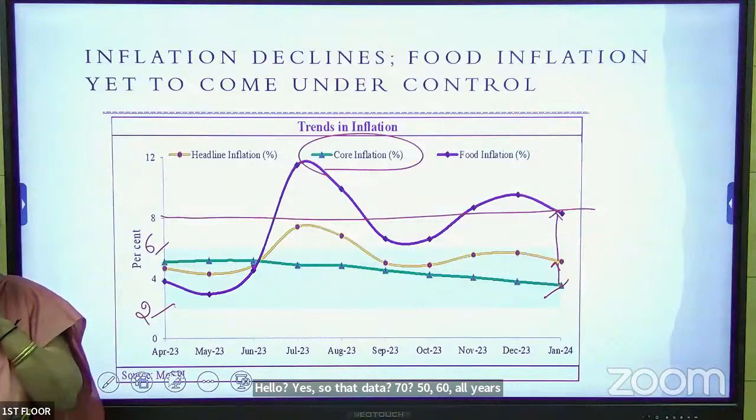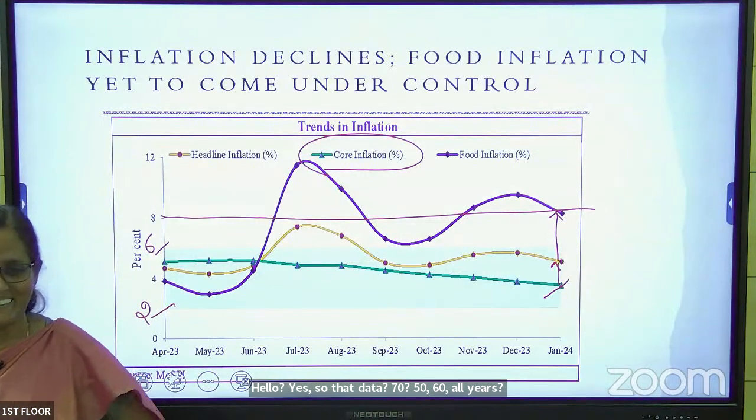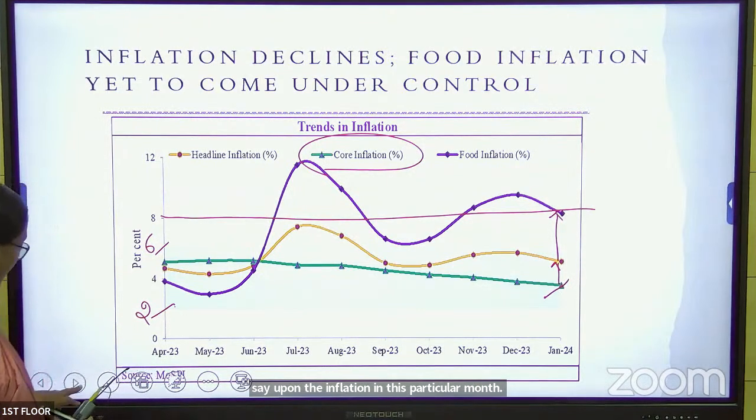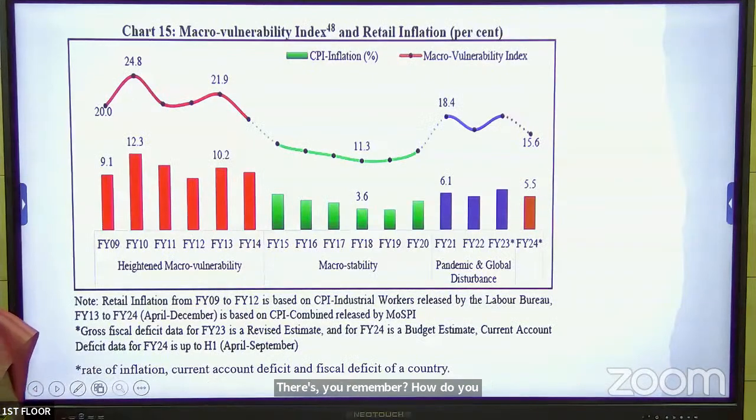CPI, WPI, 2011, 2015. The comparison with that particular month of the previous year will also have a say upon the inflation in this particular month. Base effect, you remember? Have we heard about base effect?